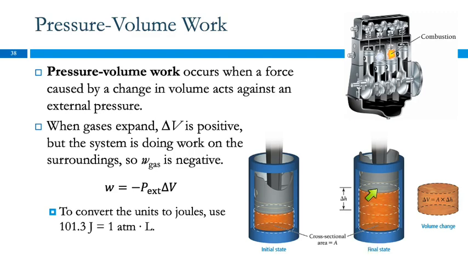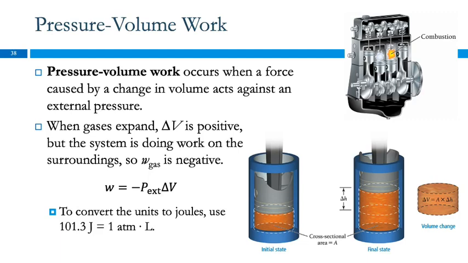And that causes the piston to move. There's an external pressure, which is probably at least atmospheric pressure, that it has to push against, and so that's work. When gases expand, the change in volume is positive, but the system is doing work on the surroundings, so W should be negative.